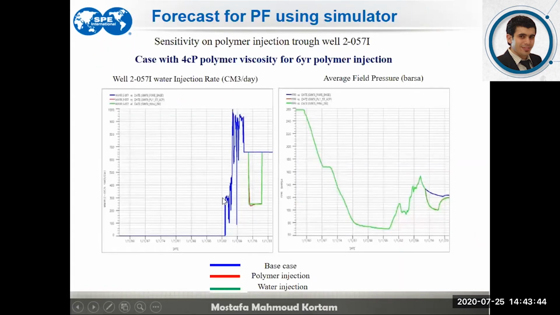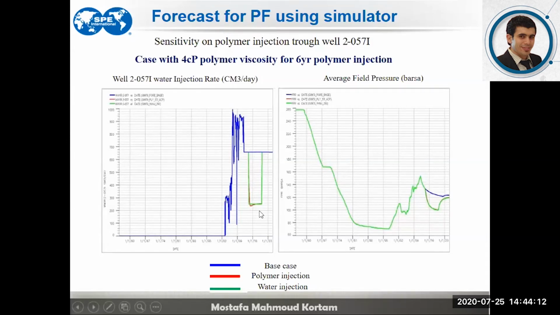By introducing the polymer injection with just 4 centipoise for 6 years of injection, we discovered that this is the baseline of the injection, which represents 4,000. By introducing the polymer injection, a reduction in the injection rate will happen due to the effect of the formation residual factor and all the parameters that we already described.